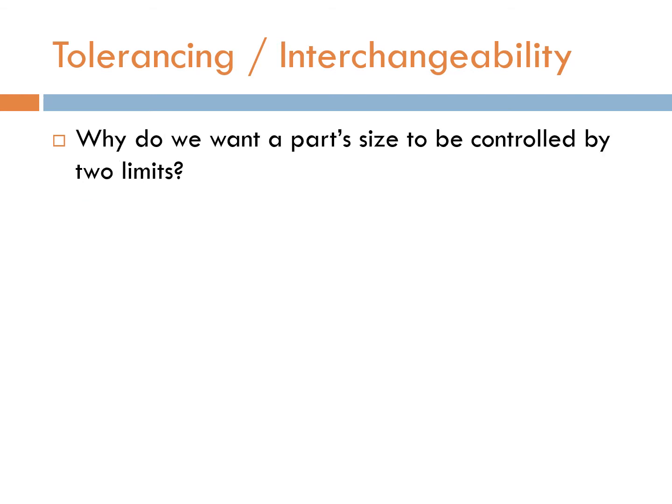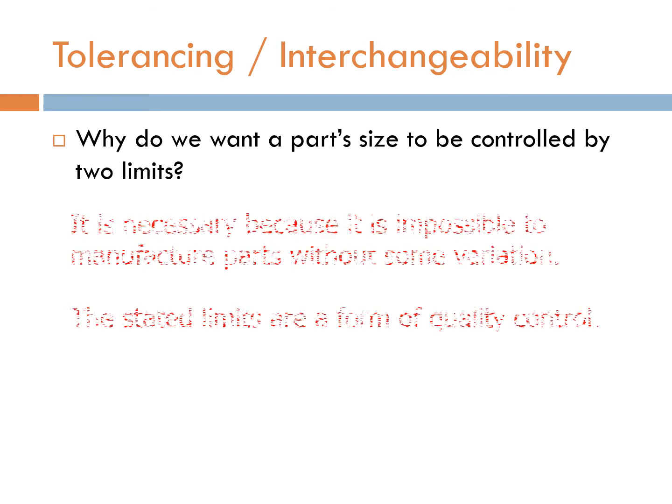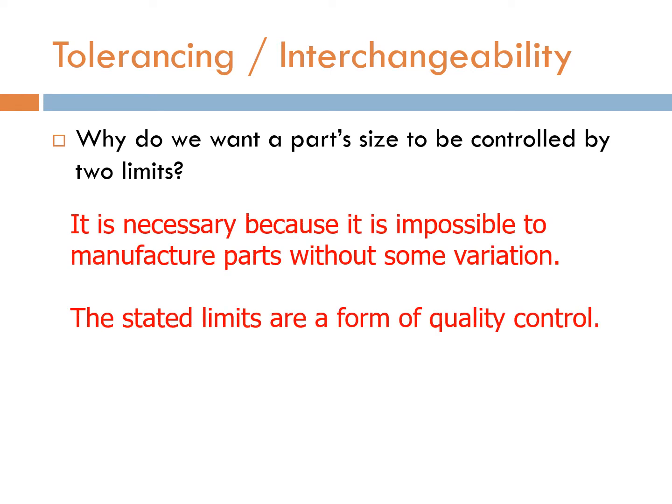So why do we want a part size to be controlled by two limits? Well, it is necessary because it's impossible to make things exactly the same, and that's the reason we need this kind of variation.